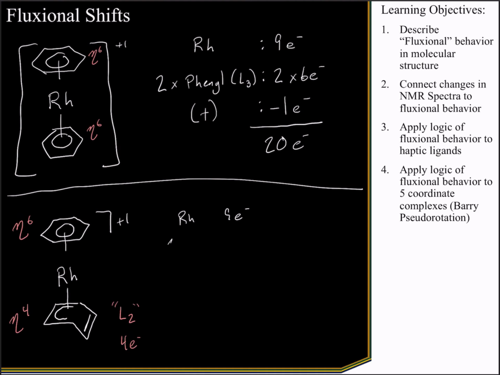We have our eta-6 phenyl, which is 6 electrons. We have our eta-4 phenyl, which is 4 electrons. And we still have our cation, it's positively charged, so we're going to lose that 1 electron here. So now if we add this up, we see that we get to an 18-electron complex.